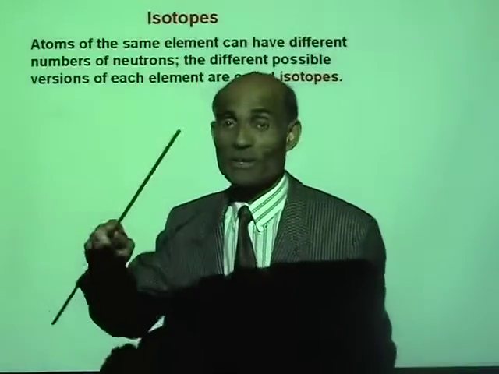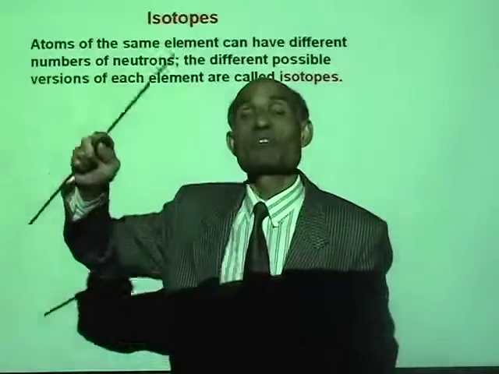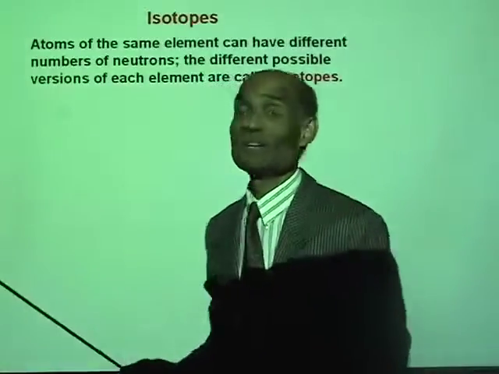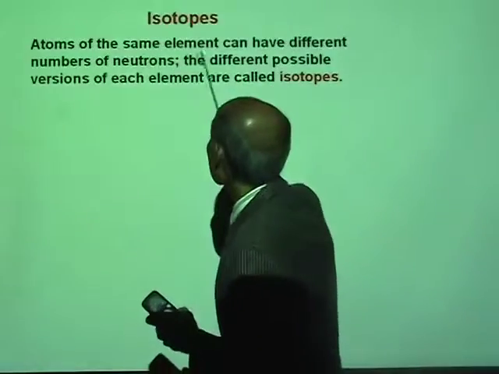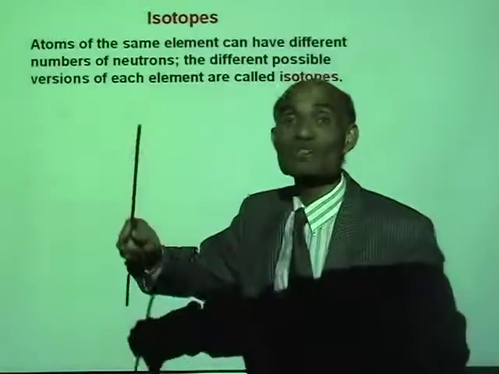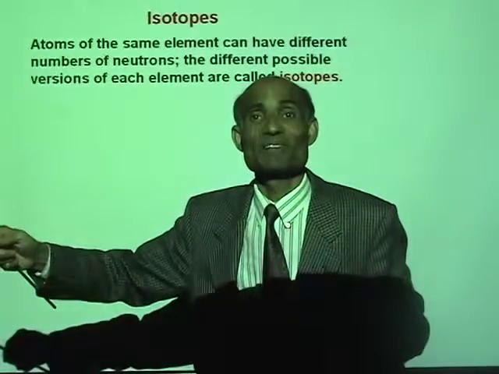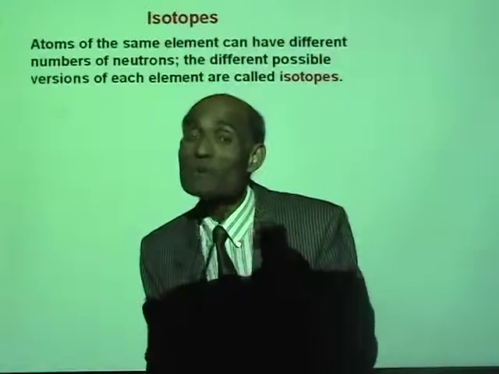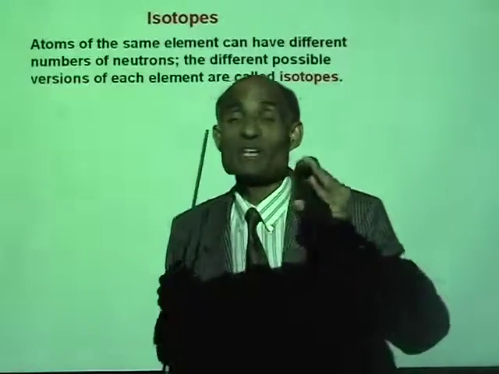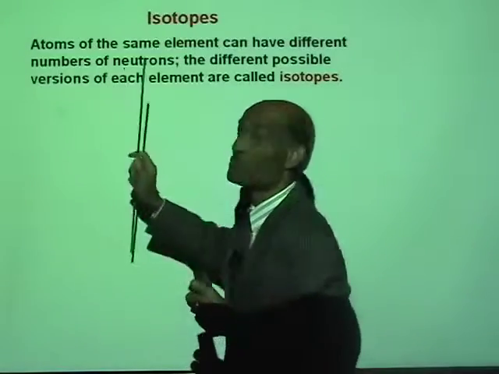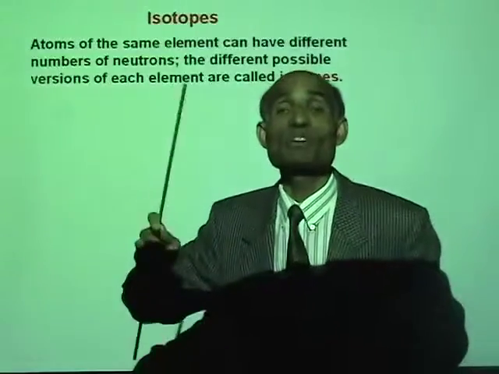So, if the neutrons are different, then you have different kinds of carbon. So, atoms of the same element can have different numbers of neutrons. Now, that doesn't make an element different. It is the same element. As long as the number of protons is the same, the element is the same.